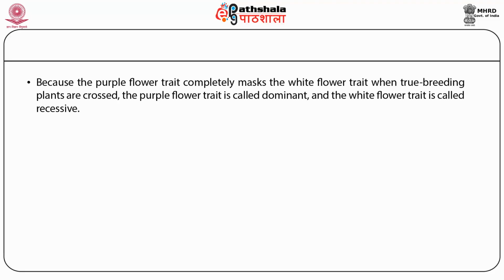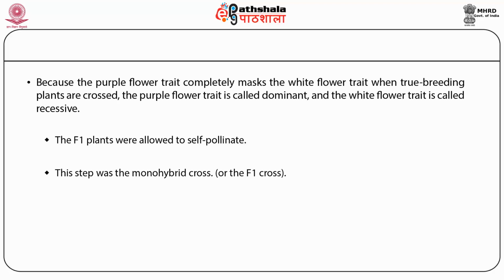When true breeding plants are crossed, the purple flower trait is called dominant and the white flower trait is called recessive. The F1 plants were allowed to self-pollinate. This step was the monohybrid cross.